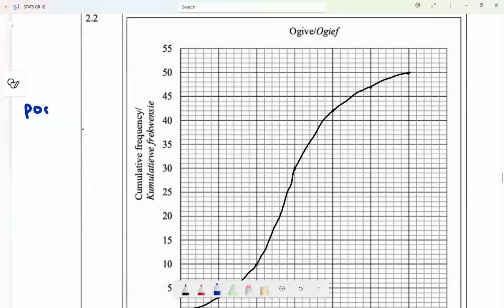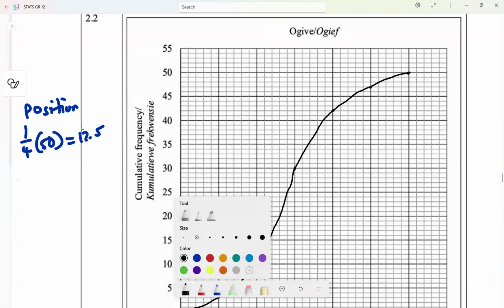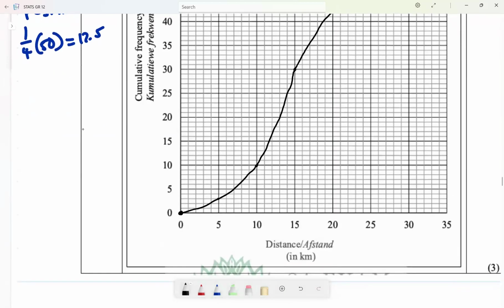The position of Q1 is 1 divided by 4 multiplied by n, which is 50. So the position is going to be 12.5. So I need to locate 12.5 on my graph. So this is 12.5, it is somewhere here.